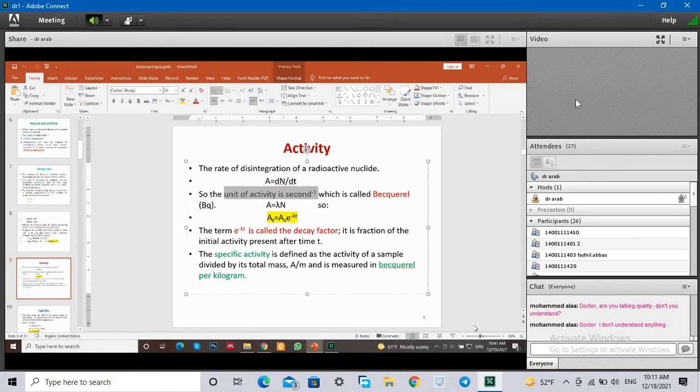In other words, it equals activity divided by mass, and its unit is also becquerel per kilogram.